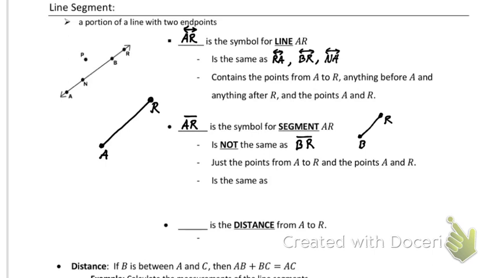It would not be the same as NR. The only other way to describe segment AR is to reverse the letters and call it RA. It is the only other way to name a segment, because a segment has both start and end points. There's no lines, so the only way you can fix it is by flipping those letters.